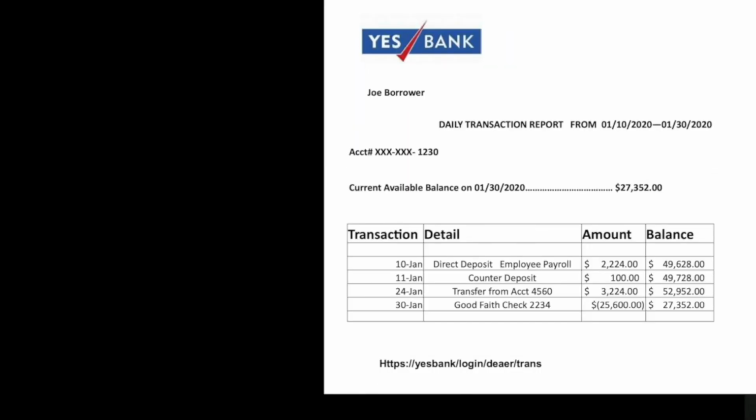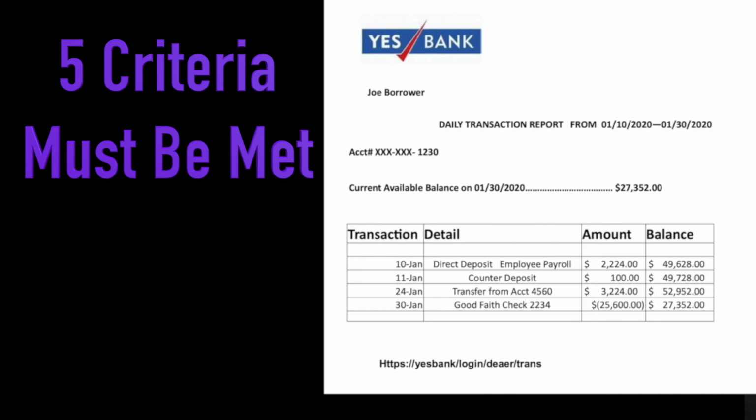In order to use this daily transactional report, it must meet 5 important criteria. First, it has to either have your name or the last 4 digits of the account number so we can link it to the bank statement. Second, it must have the start and end day of the report, and the start date must overlap the most recent bank statement that we have. Third, the current available balance must be displayed as the last date of this statement.